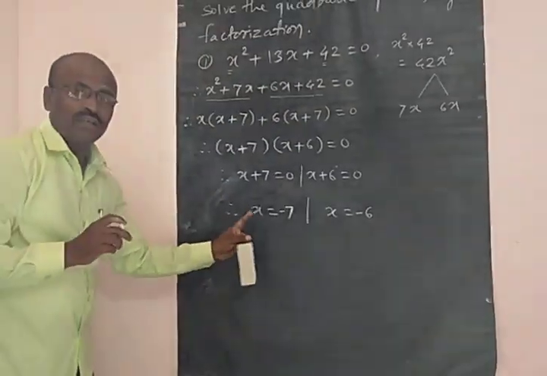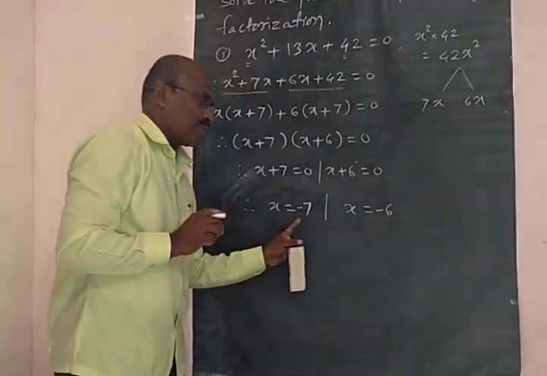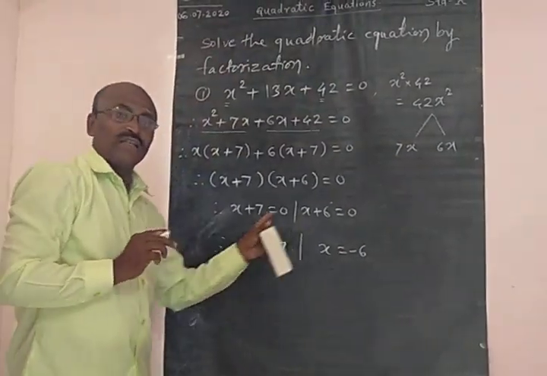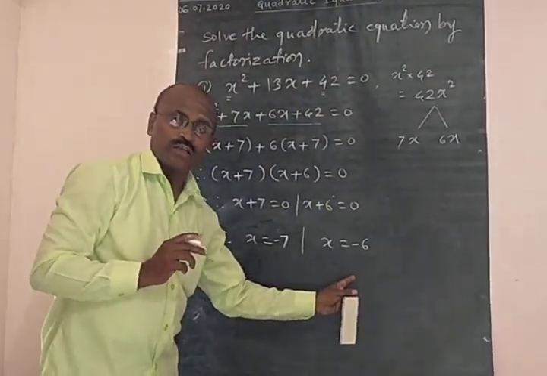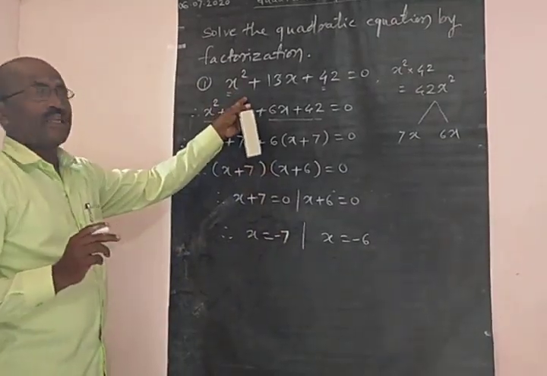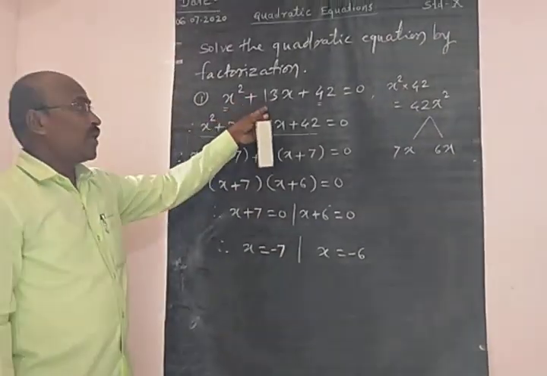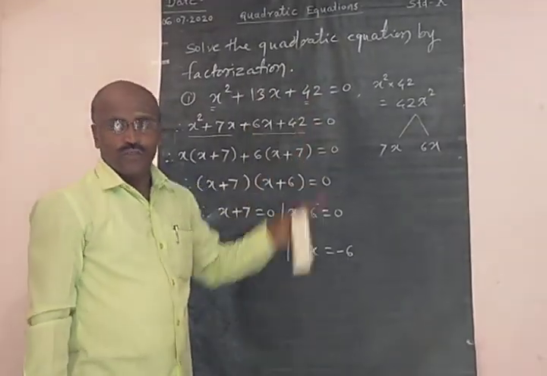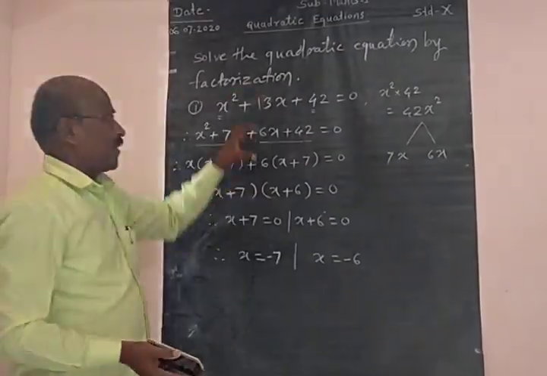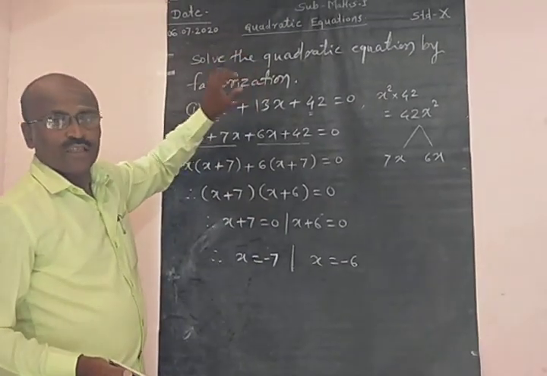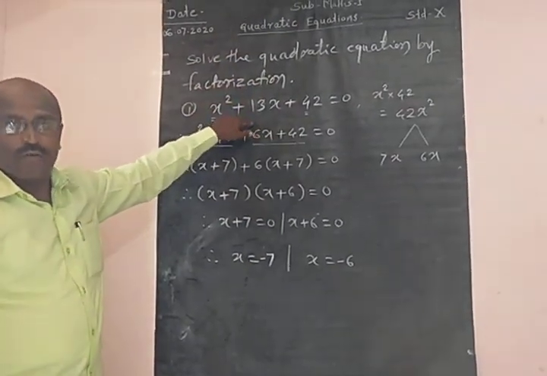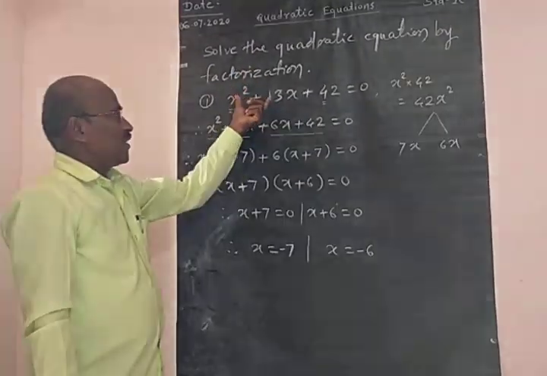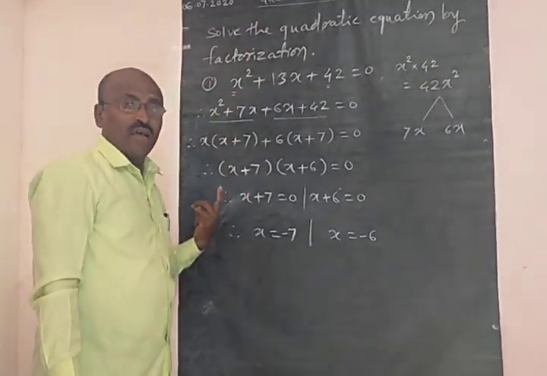So x is equal to minus 7 or x is equal to minus 6. These two are the solutions of the given quadratic equation x square plus 13x plus 42 is equal to 0. In this way we have to solve this quadratic equation by the factorization method. I hope that all of you understood this example.